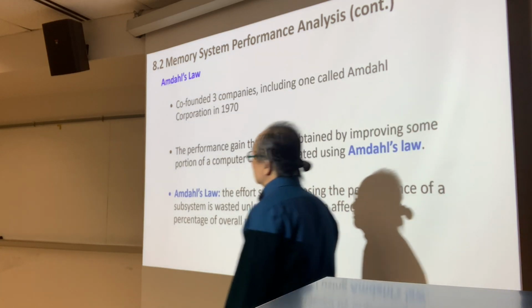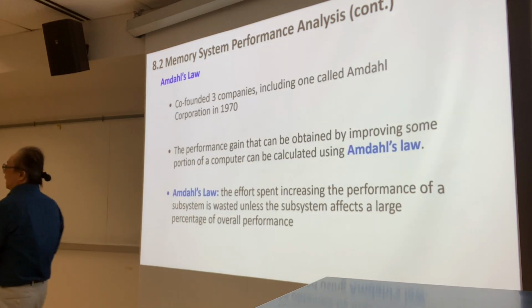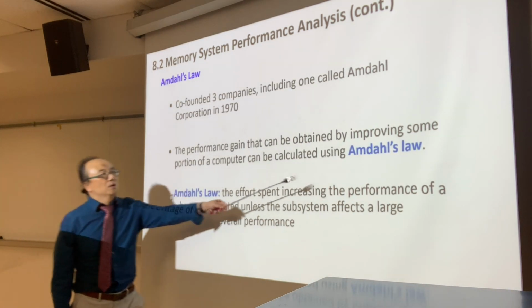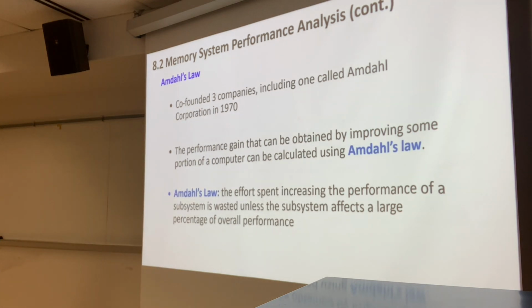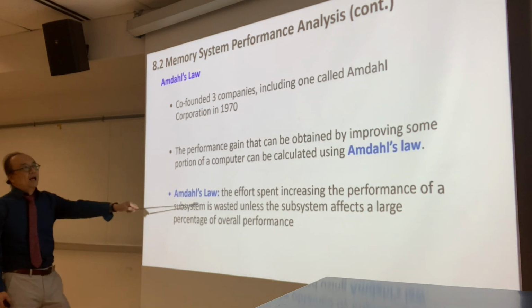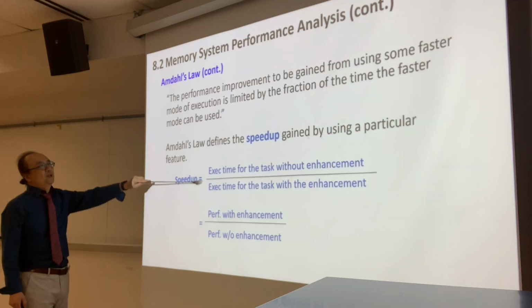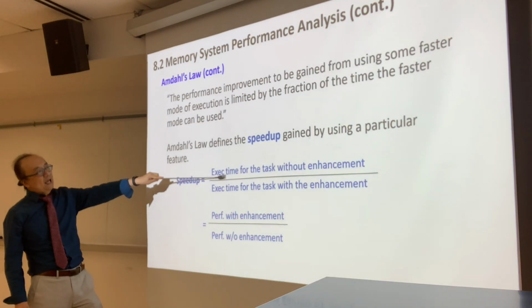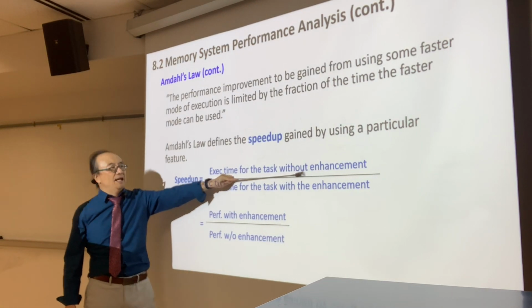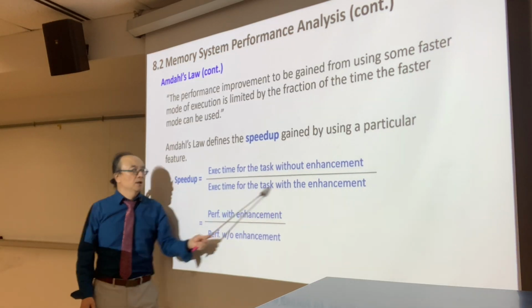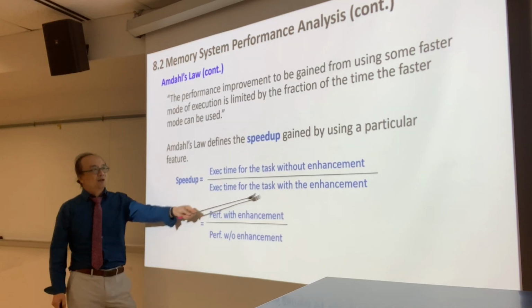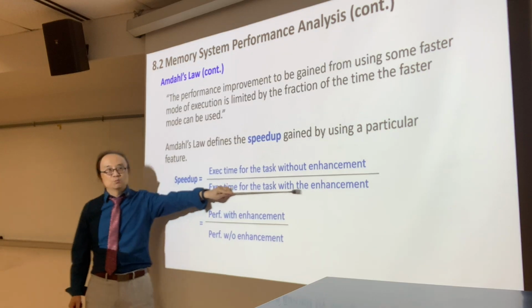Okay, so Amdahl's law. This is how we calculate the speed up. Amdahl developed this law for calculating the speed up. Speed up is defined by execution time for the task without enhancement over execution time for the task with the enhancement.